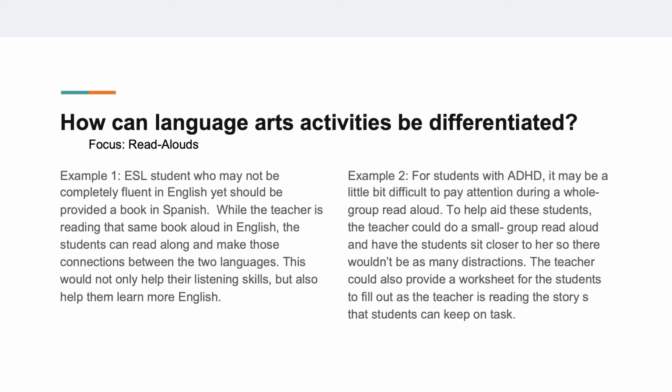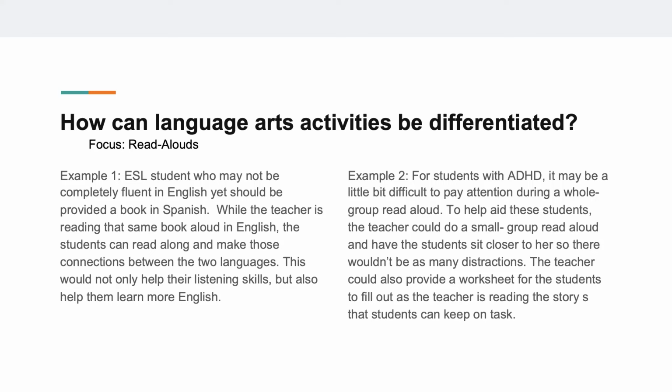And that kid could read the book while the teacher was reading, and the teacher could stop and make sure the student is keeping up. But by reading along at the same time, the student will be able to make connections between the two languages and also help their listening skills and help them to develop the language more.